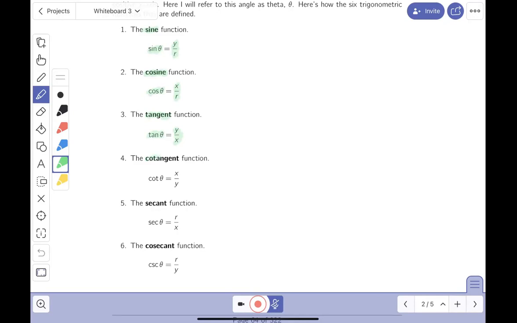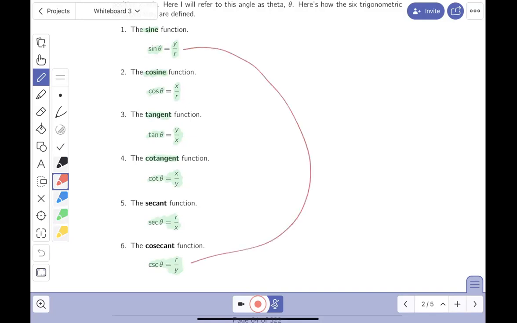The cotangent function, well, what's nice about these guys over here is that I'm starting to realize that they're just reciprocals now, and I'll go through that in a second. So I'm going to claim over here, if I looked at y over r, the reciprocal of that would be r over y. So you should identify now that sine theta and cosecant theta are just reciprocal functions.